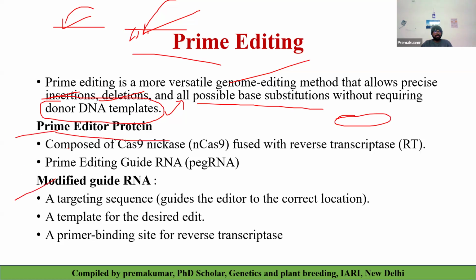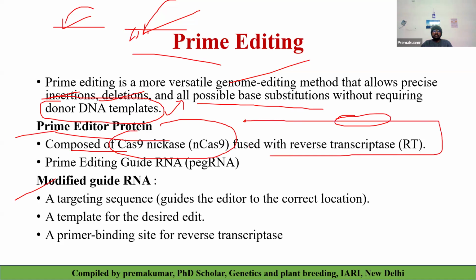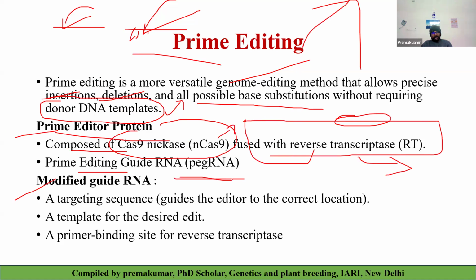The prime editor protein is composed of Cas9 nickase fused with reverse transcriptase. Please remember, in prime editing you are using reverse transcriptase, nCas9 along with pegRNA, the prime editing guide RNA. Three, remember: mutated Cas9, reverse transcriptase, pegRNA.